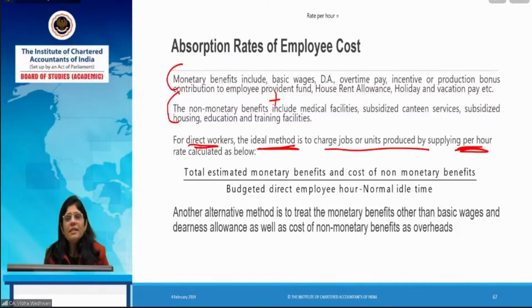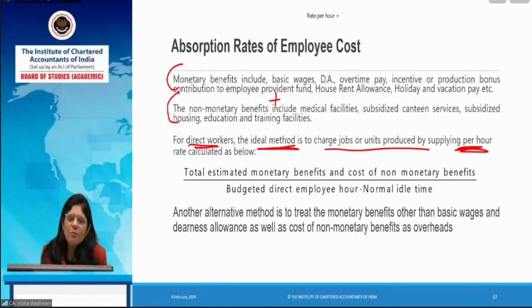If we take them to overheads, we are not adhering to the main principle. If we are paying something to the direct workers and treating it as overheads, we are contradicting the main fundamental which we always learn. Clear?